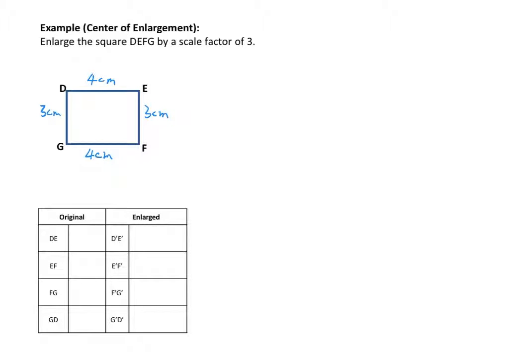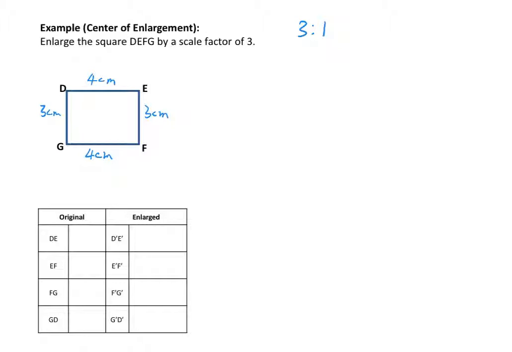So now that I know what the sides of my rectangle are, I can go ahead and calculate the scale factor. And remember, my scale factor is 3. And I can write that also as a ratio of 3 is to 1.